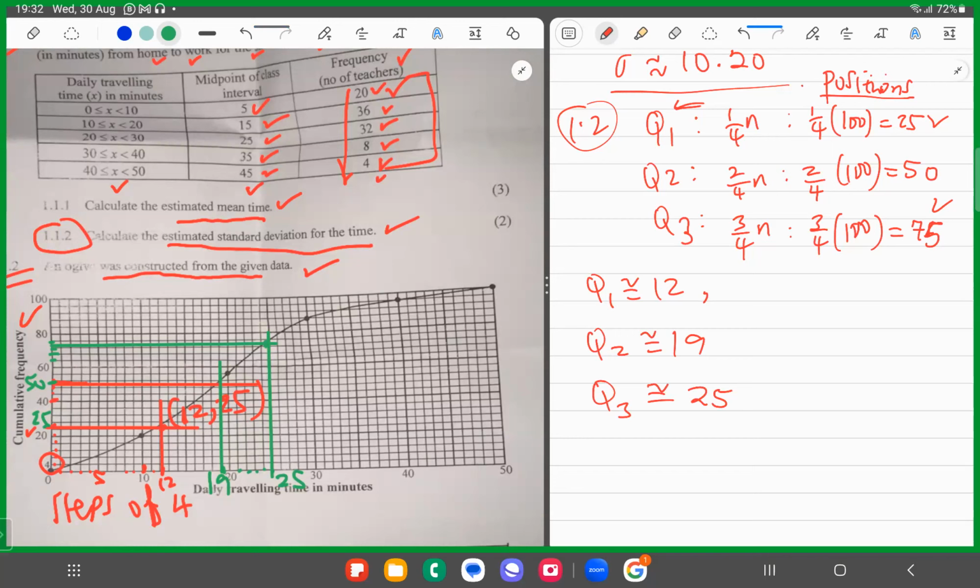Now you have these. But these are the times in minutes. I'm trying to get the box and whisker plots. The box and whisker plots now has the following things, because it has those characterizations. It has those quartiles, Q1, Q2, and Q3.